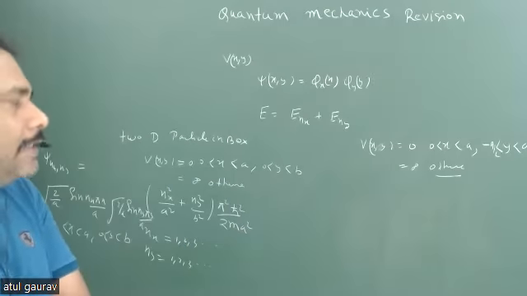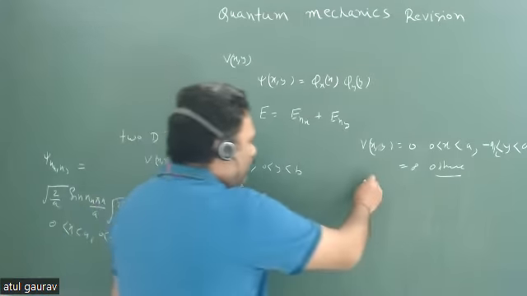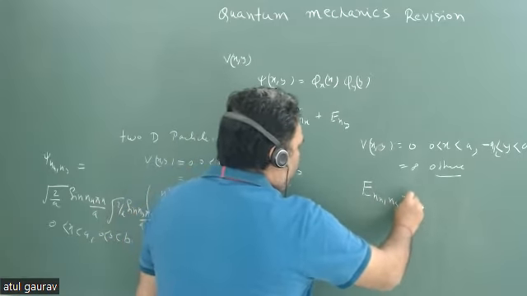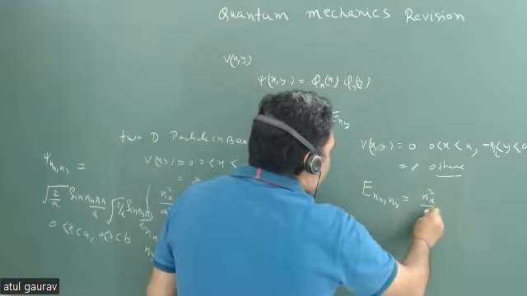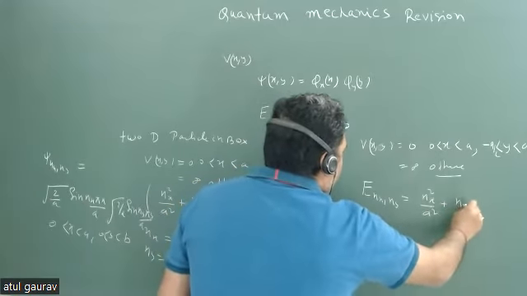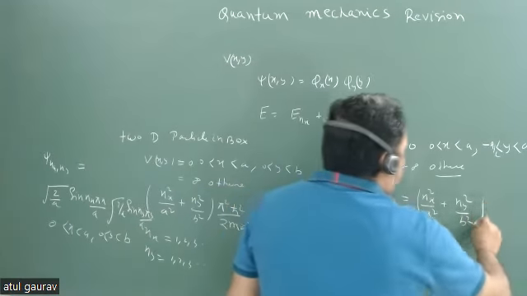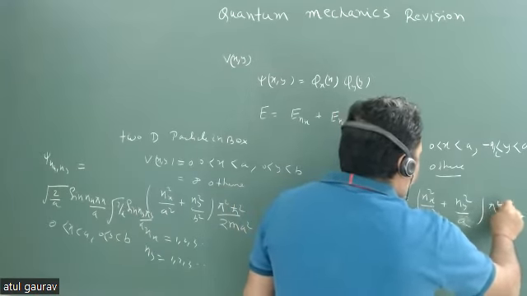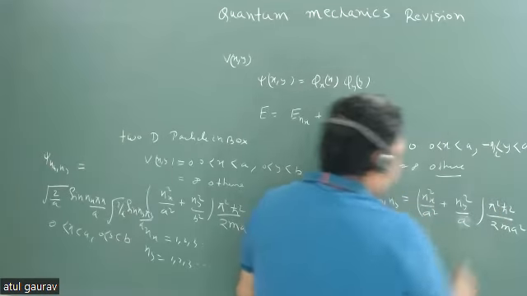Obviously the energy eigenvalue will remain the same. There is no problem for the energy eigenvalue, because the width of the box is the same, so it is nx squared upon a squared plus ny squared upon a squared, times pi squared h-cut squared upon 2m.